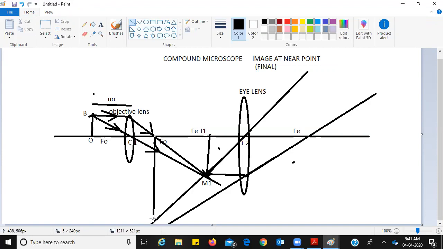So I'm going to redraw the diagram the other way. This method is fine, you can try, but there's no guarantee it will always come. I can make it come, I can adjust that, no issues.